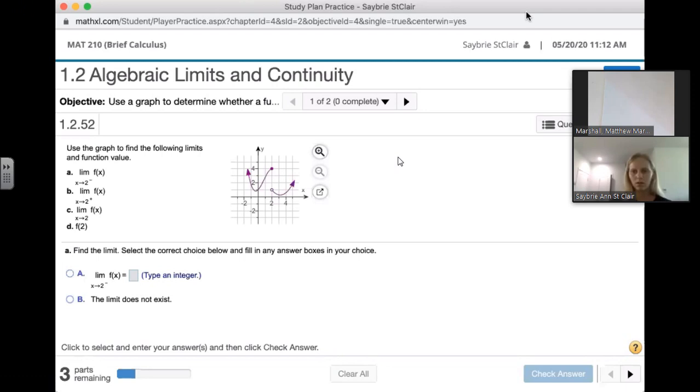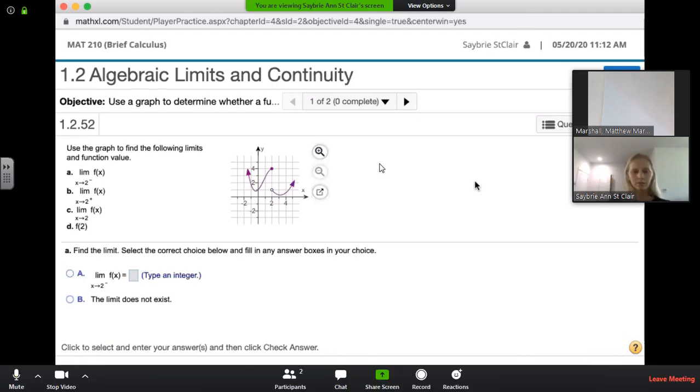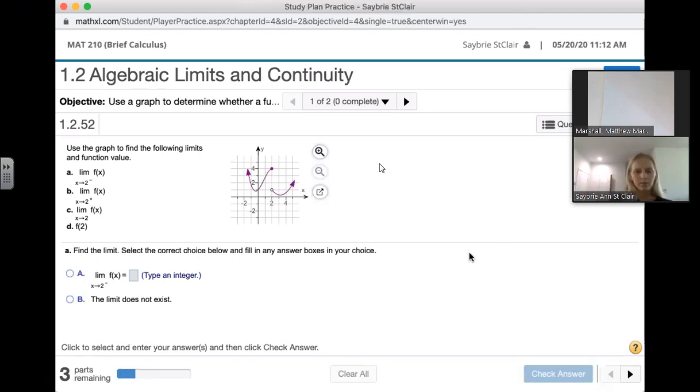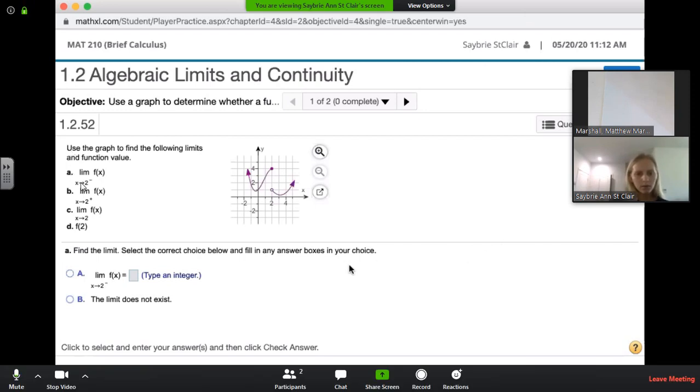All right, these are good ones. Do you see that part A says x approaching 2 negative? That means you're looking at positive 2 on the x-axis, and you're coming at the graph from the left.